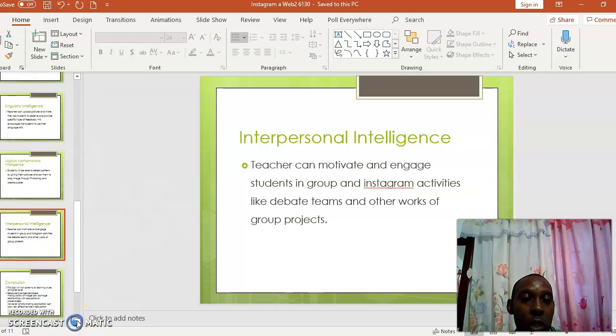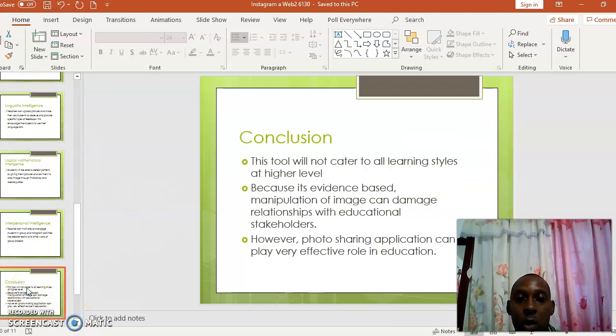Now, when we look at Instagram, we can conclude that, of course, this tool will not cater to all learning styles at the higher level. When it comes to graduate and undergraduate, it will not cater to all the learning styles at that level.